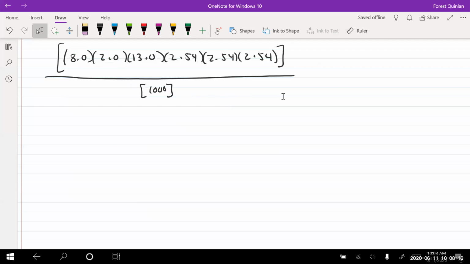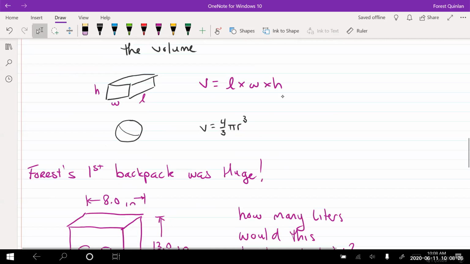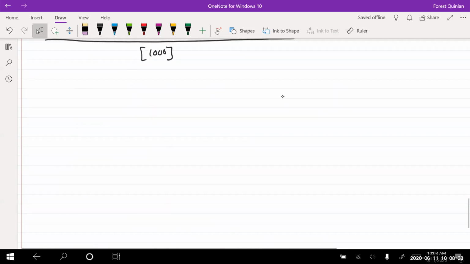Okay. All right, so what happens if it is not one of those regular solids? Well, now we got not volume by calculation because there's nothing to calculate. What we have now is volume by displacement.